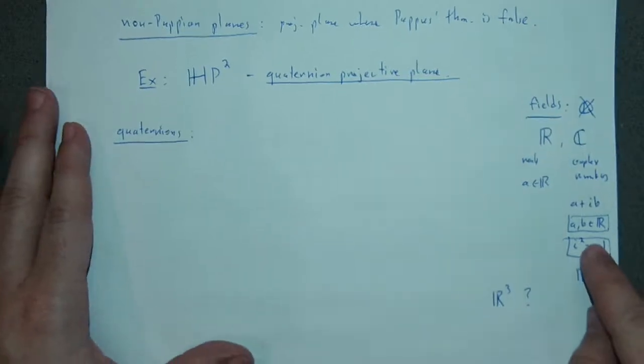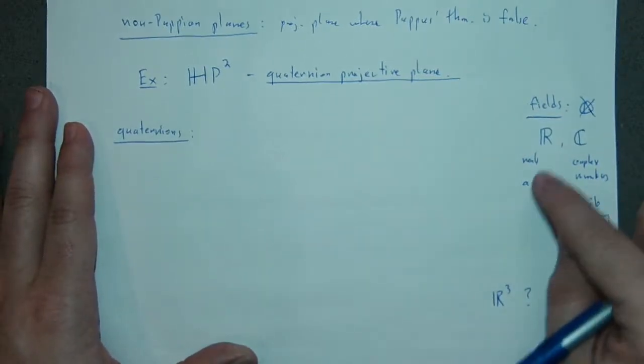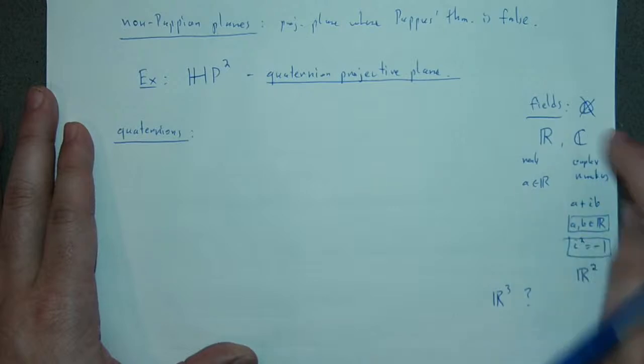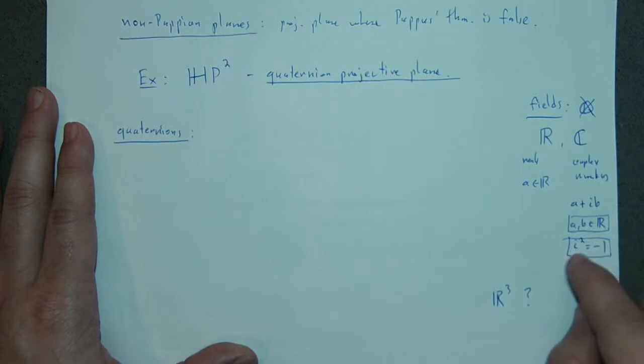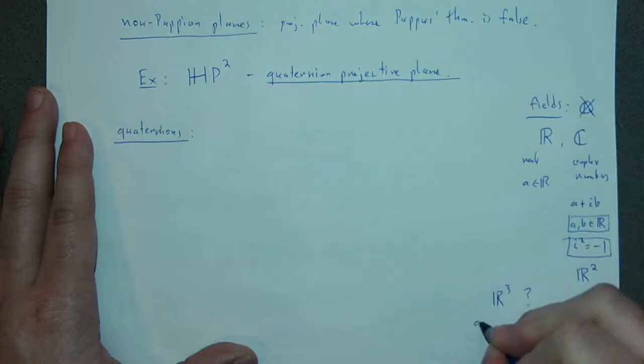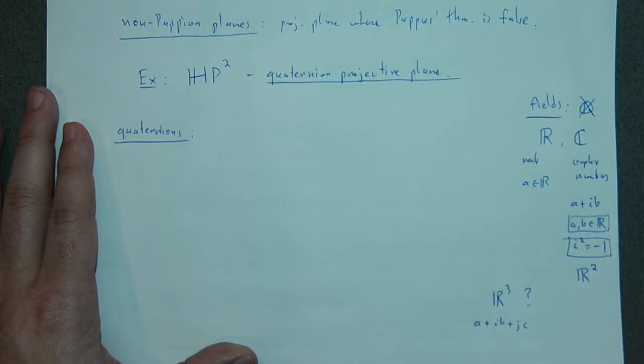Just like for the reals I have A, and for the complex numbers I had A plus iB, where A and B are both real, could I have something like A plus iB plus jC, where A, B, and C are in the reals, so that gives me R3 here. And then i and j have some weird rules. Maybe i squared is equal to minus 1 and j squared is equal to minus 1.